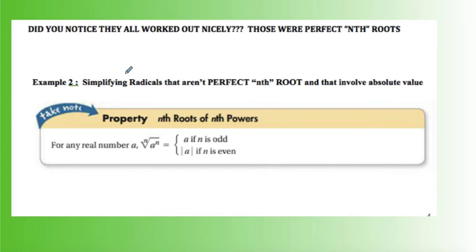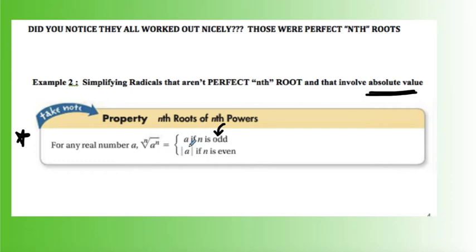All right. Simplifying radicals that aren't perfect nth roots and involve something that deals with absolute value. And we might have to simplify them a little bit farther. So this is where things are going to start to get tricky. So if we have the nth root of a to the n, if n is odd, then the answer is just going to be whatever your a is.